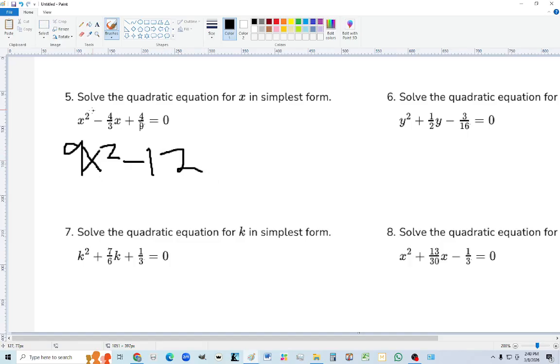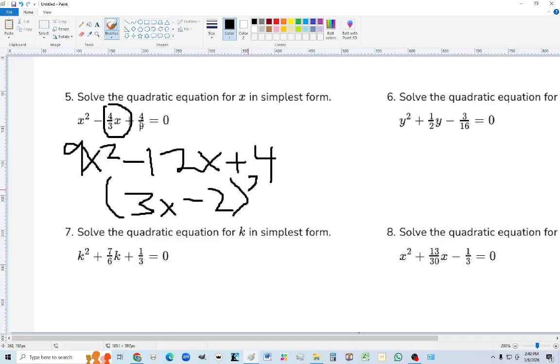Because 9 times that, 3 goes into 9 3 times, 3 times minus 4 is minus 12. And then plus 4, and sure enough, the proper root for that is 3x minus 2 squared is equal to 0. Square root both sides. Add 2. Divide by 3. X is equal to 2 over 3.